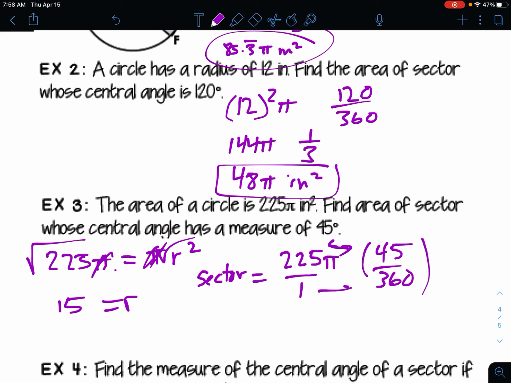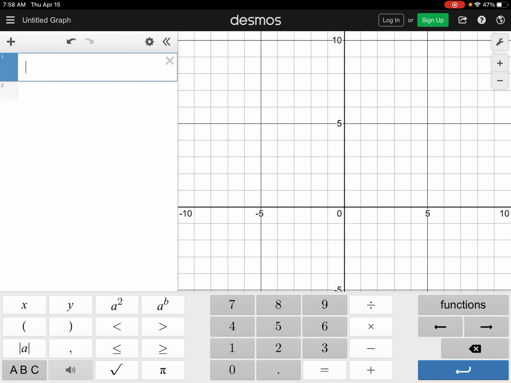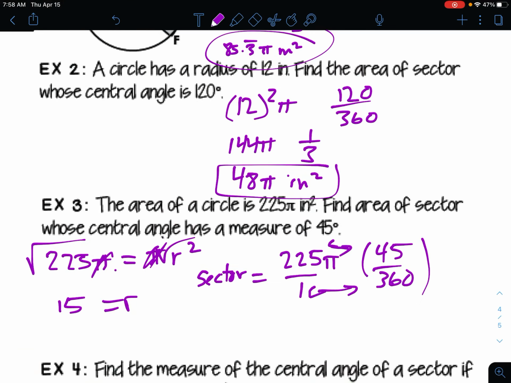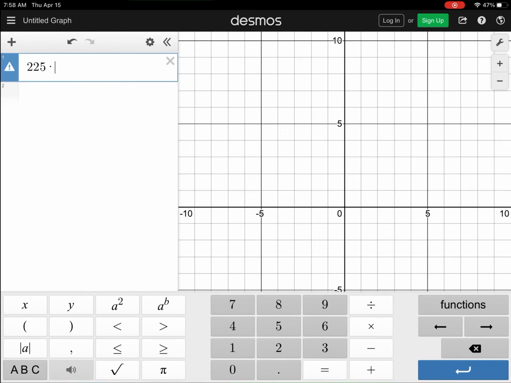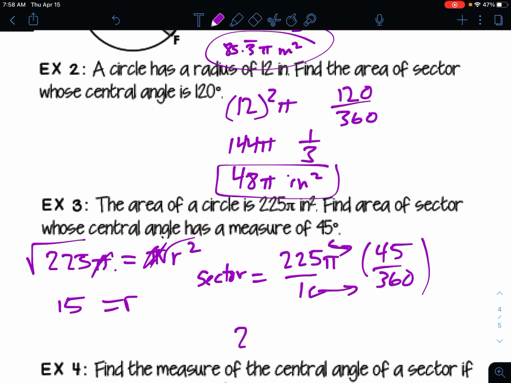So we're going to do 225 times 45 over 360, which is 28.125. So this would be 28.125 times pi, and then square inches. So we didn't need to find r, but that's good practice in case we had to go backwards and find r. We have to take the square root.